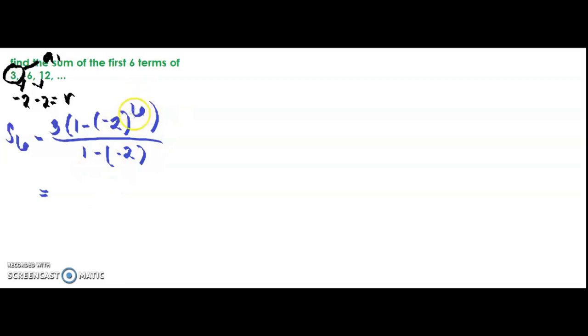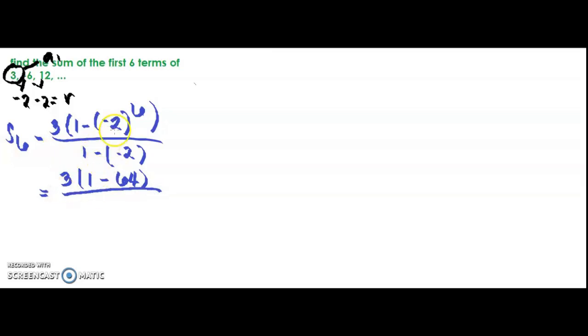Always remember, if the exponent is an even number, then the number is positive. Since we are raising negative 2 to 6, which is even, our answer would be 3 times 1 minus 64. 64 is positive because our exponent is even.